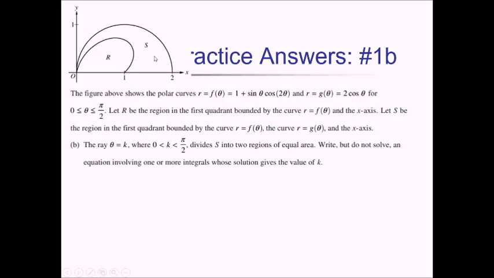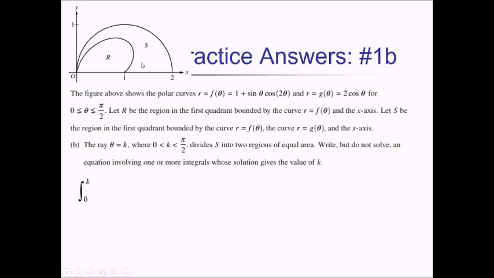Let's just work on the area of S between 0 and k. So using my area formula, I'm going to have the integral from 0 to k of 1/2, and now I need an r squared kind of situation. Now to get this S area, I actually need two integrals technically. I need an integral that gives me the area of everything underneath this g curve, and then I need another integral to give me everything under the f curve, and I need to subtract those.